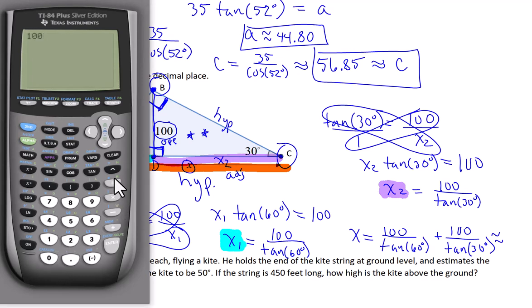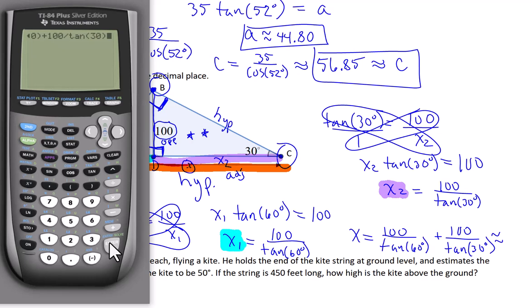So you could put 100 divided by tangent of 60, making sure we're in degree mode, it's 60 degrees. And then if I put a plus, the calculator will not require me to put that first fraction in parentheses, though you could. Plus the second fraction would be 100 divided by tangent of 30 degrees, so tan 30. Notice closing the parentheses after the trig function inputs.